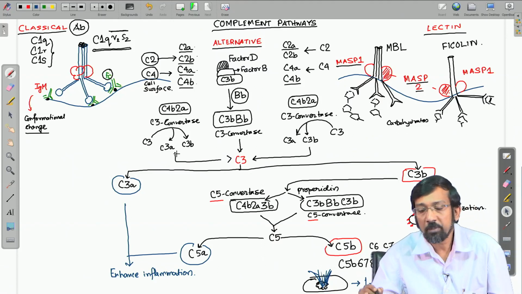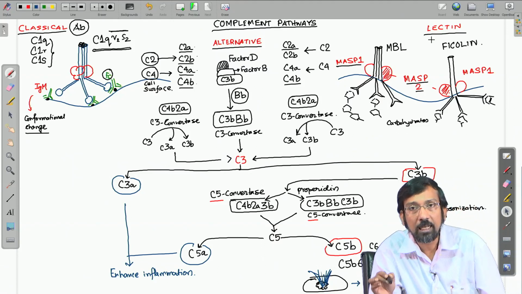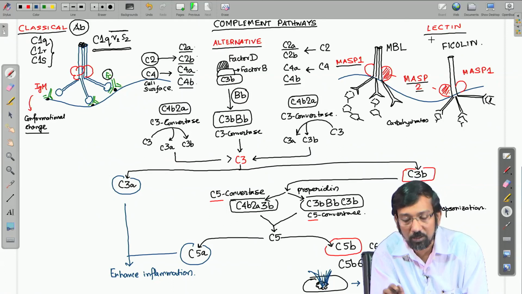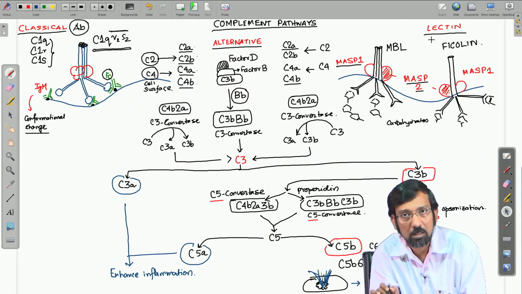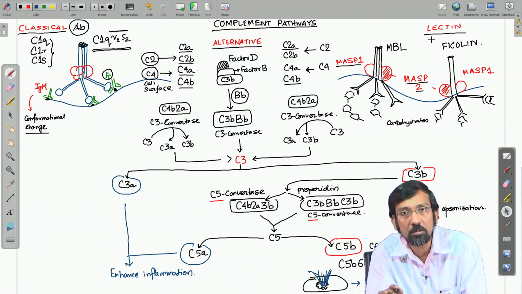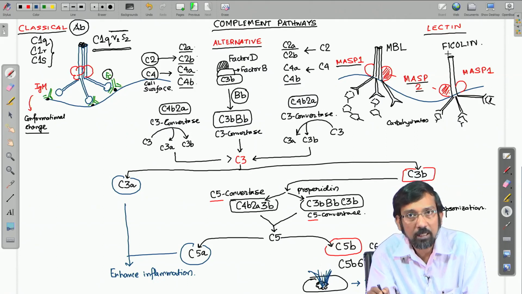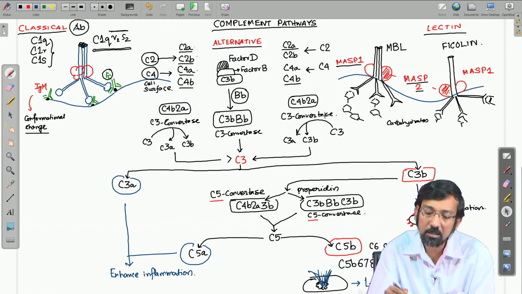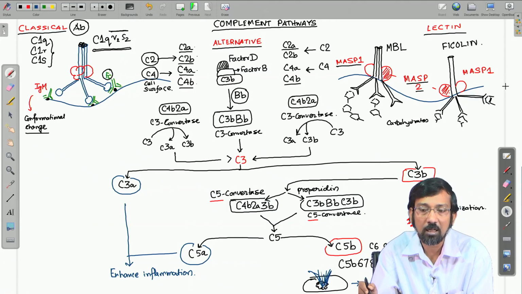Similarly, coming to the lectin pathway, I told you it is an antibody independent pathway. So, it primarily starts with the interaction of specialized lectin molecules like ficolin or this MBL, which is a mannose binding lectin. They can interact with mannose or other oligosaccharide structures that are present on the surface of the pathogen.